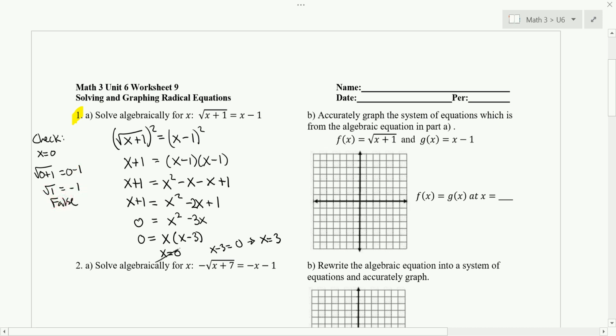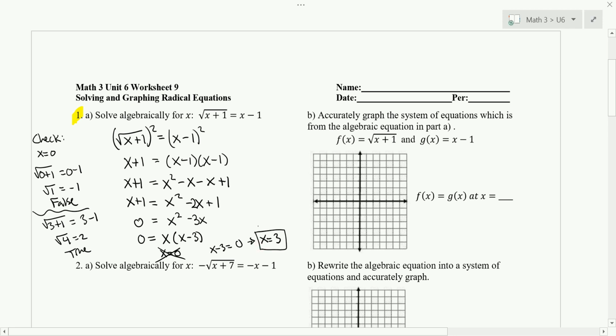So x equals 0 is extraneous, throw that out. But if we check with 3, we get the square root of 3 plus 1 is equal to 3 minus 1, or the square root of 4 is equal to 2, which is true. So we keep x equals 3 as a solution.